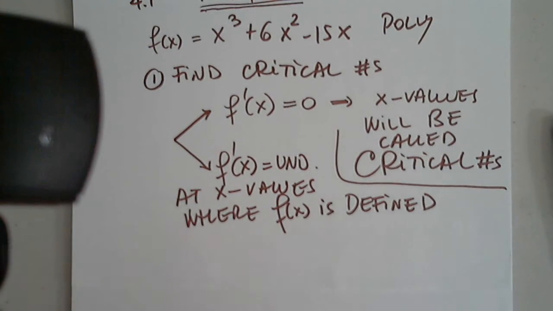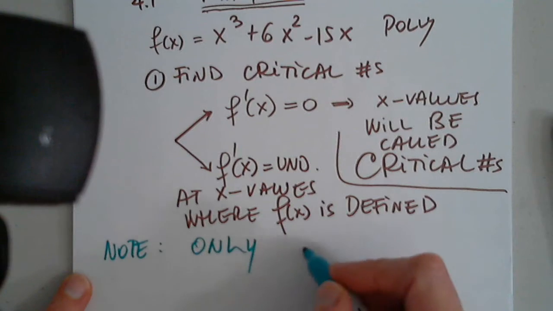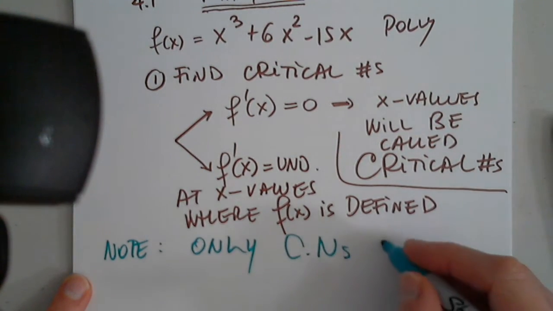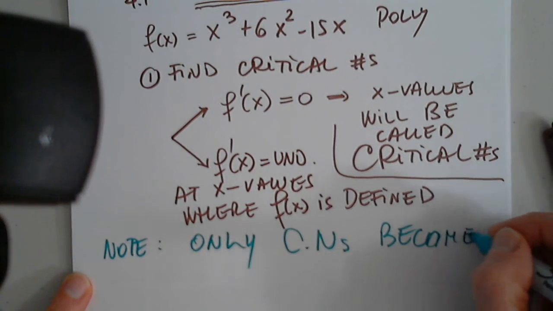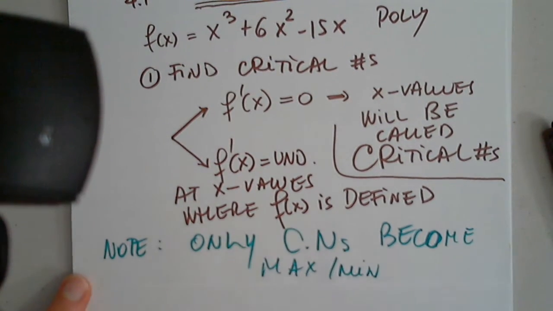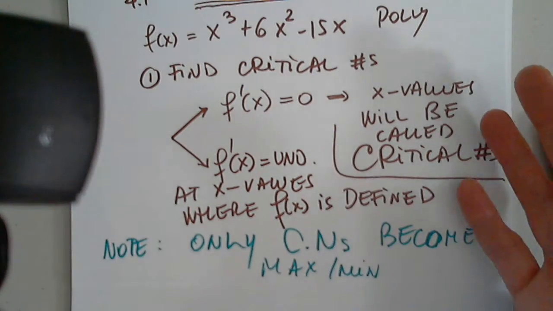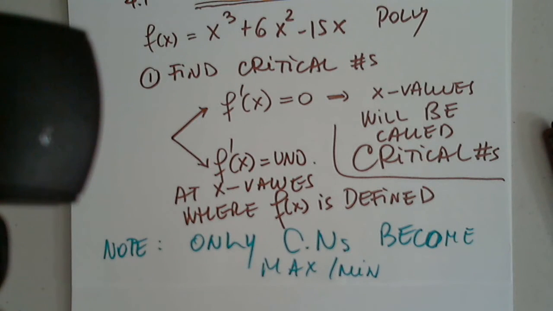Why are critical numbers important? Note, only critical numbers become max min. If a function does not have critical numbers, that function doesn't have max-min. Okay? If a function has critical numbers, there is no guarantee that it has max-min.